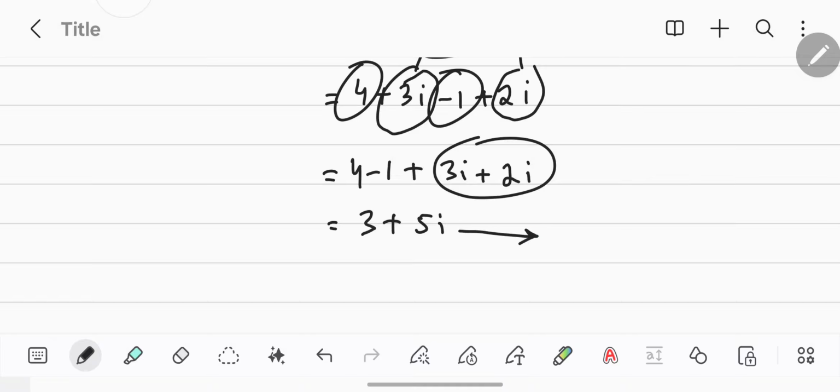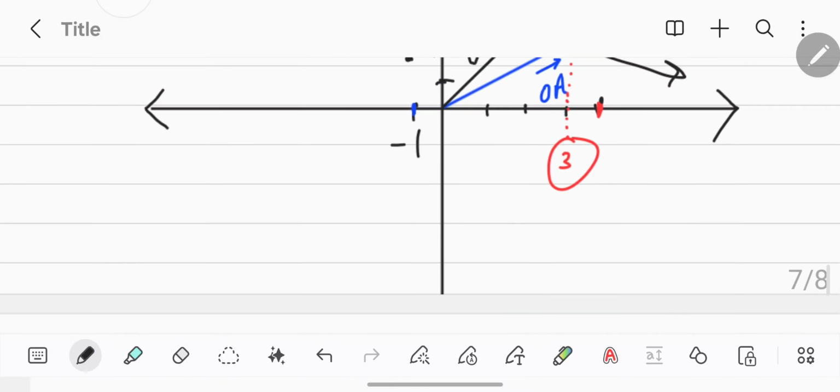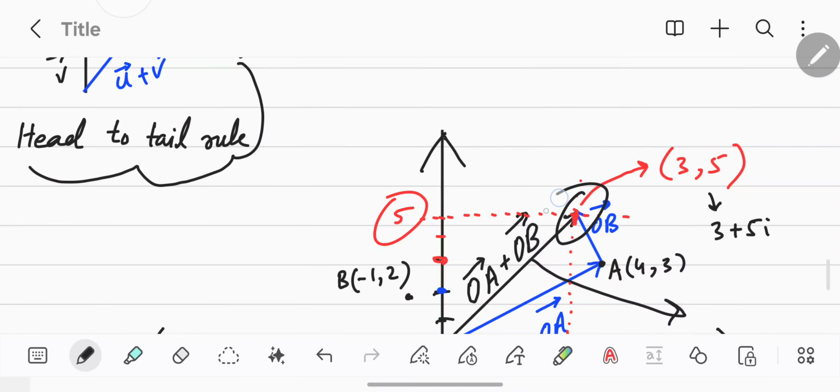If I convert this 3 plus 5 iota into a point, it will be 3, 5. You can check that this 3, 5 is the same as what we got from the diagram using the head to tail rule. This means there are two methods to add two vectors.